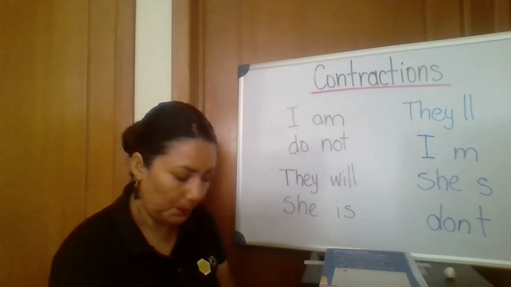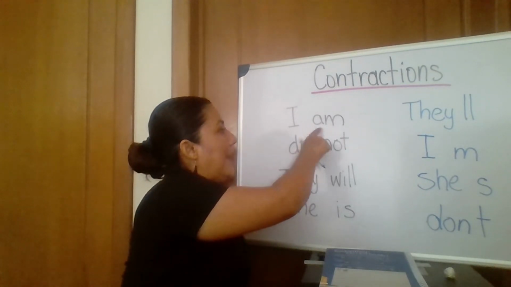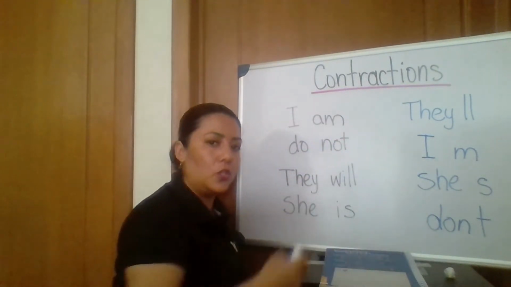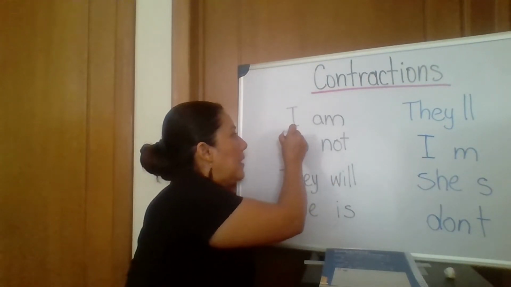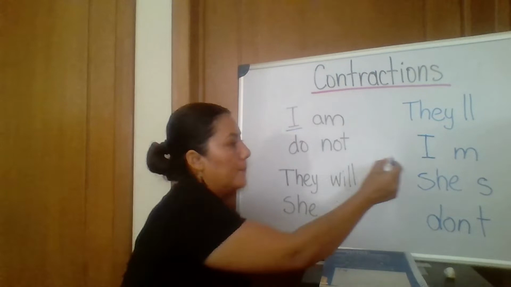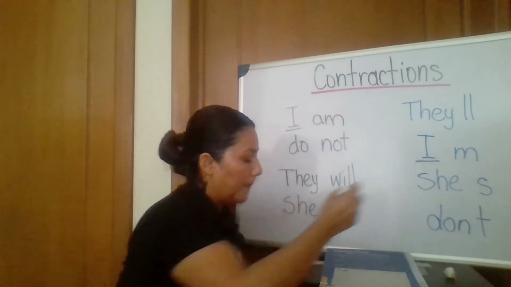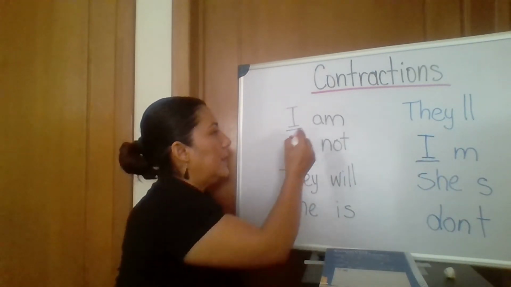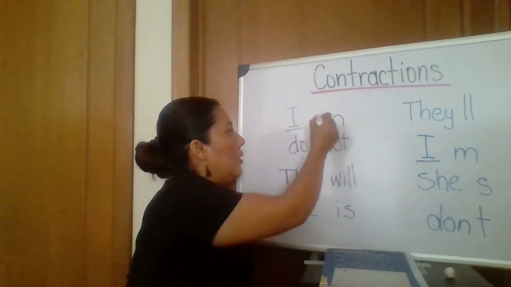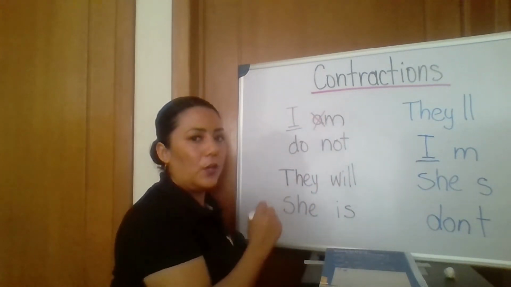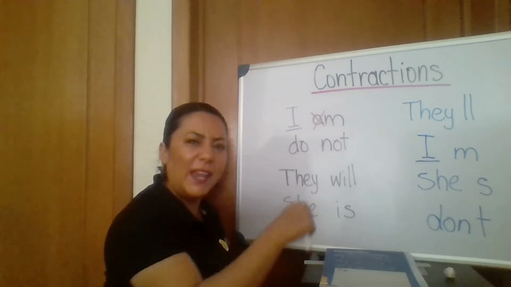Now, I am. Which contraction belongs to I am? Obviously, the one that says I, right there. But take a look at this. In order to form contractions, we need to drop some letters. Bye-bye, erase it.